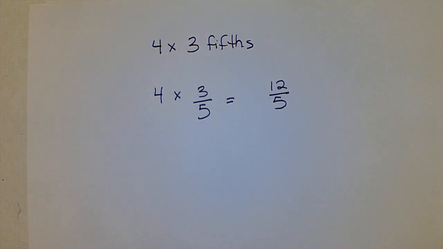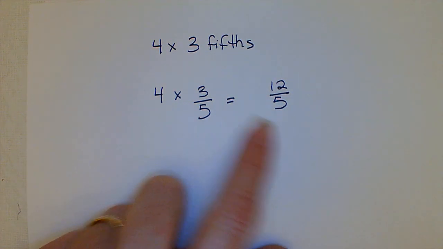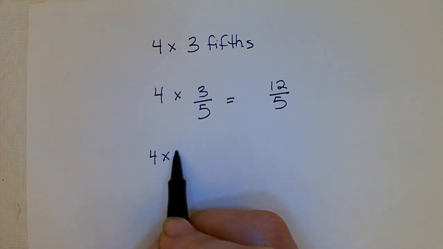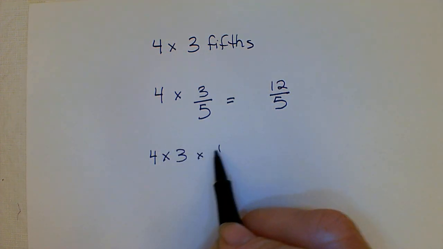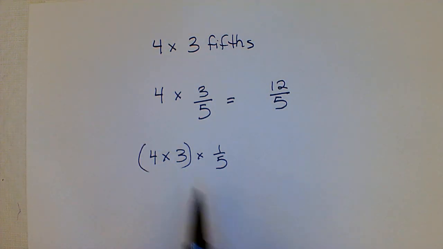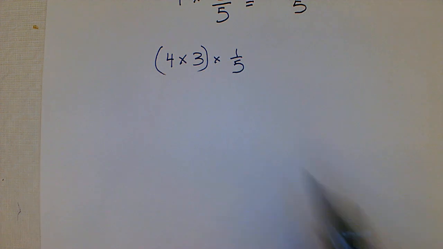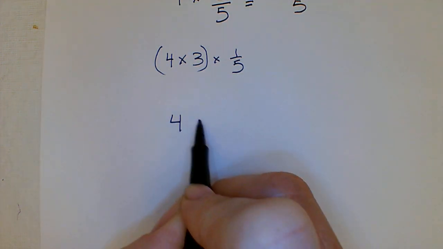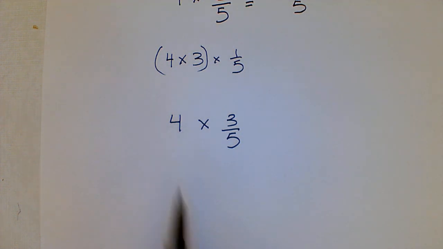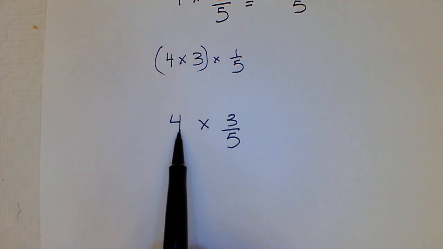Now, why can you do that? Well, there are a bunch of reasons. One is that we could rewrite this as 4 times 3 times 1/5. So that might work for you. Or I think the easier way of thinking about this is that when we have 4 times 3 fifths, another way of thinking about this 4 is that we have 4 wholes.